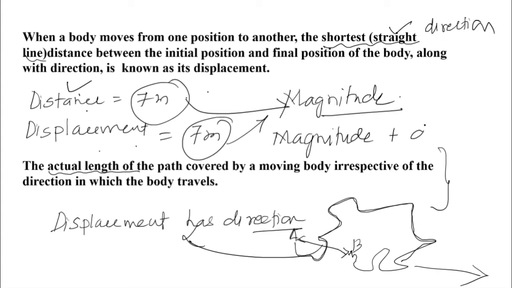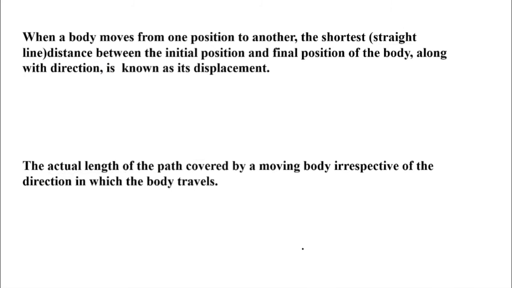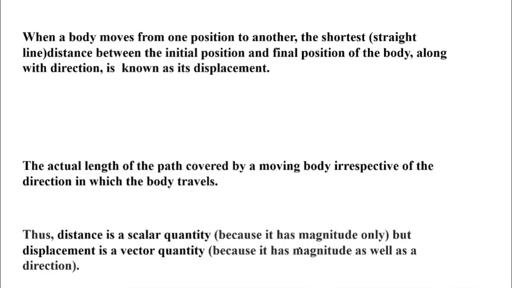Displacement has magnitude as well as direction. Just now I explained displacement has direction, and therefore remember that distance is a scalar quantity. Any physical quantity having only magnitude is called a scalar quantity.